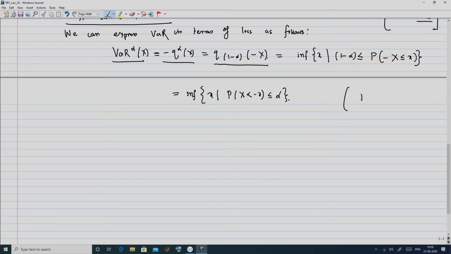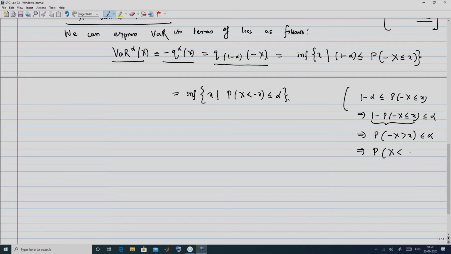So how do I obtain this? Basically I have 1 minus alpha is less than or equal to probability of minus x less than or equal to x. This implies that 1 minus probability of minus x being less than or equal to x is less than or equal to alpha, and remember that 1 minus probability of minus x less than or equal to x is nothing but probability that minus x being greater than x is less than or equal to alpha, and this implies that probability of x being strictly less than minus x is less than or equal to alpha.